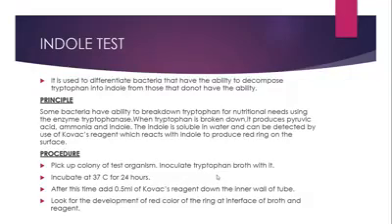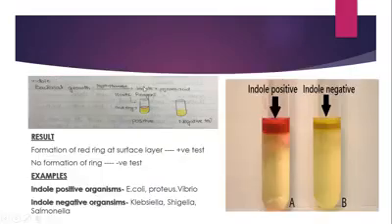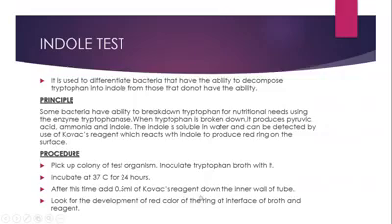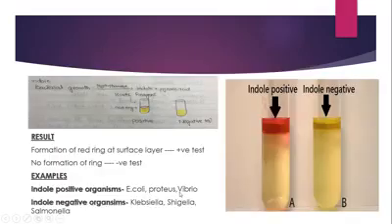After the incubation, after 24 hours, you're going to take out the tube and add 0.5 ml of Kovac's reagent to bring about the reaction, which I told you earlier, with the indole for the formation of the red ring. We are going to add this reagent down the inner wall of the tube. This is how you're going to drop it off, and not in the middle of the tube.